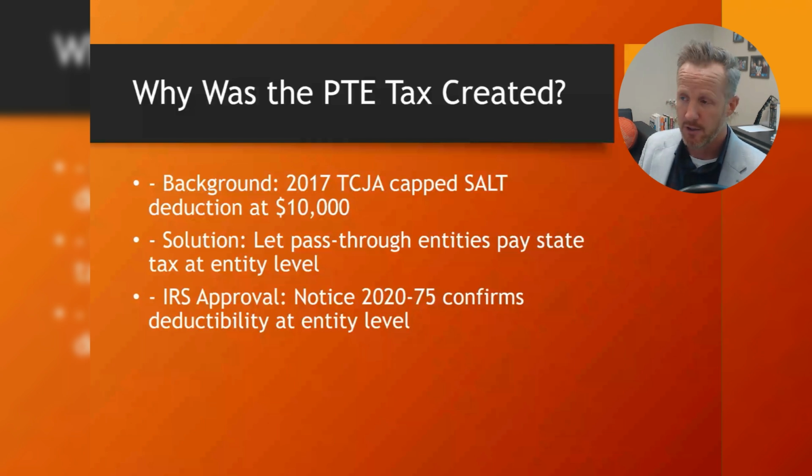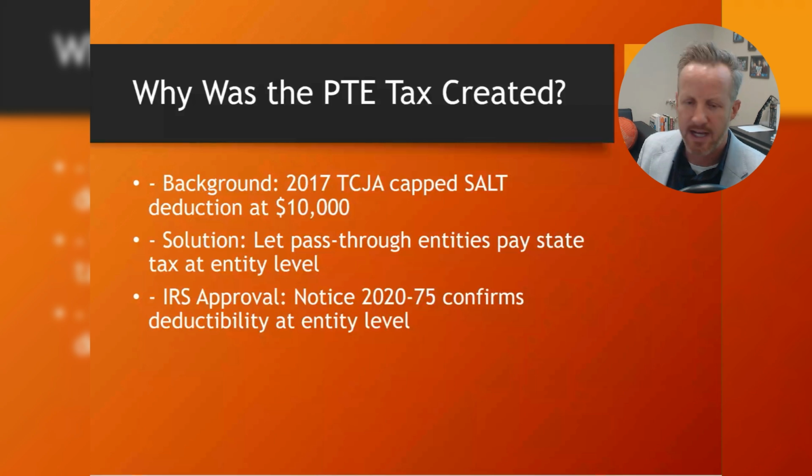And let's say you owed $50,000 of state tax payments and you are in a 35% tax bracket. Well, what's $50,000 times 0.35? You just lost out on $17,500.